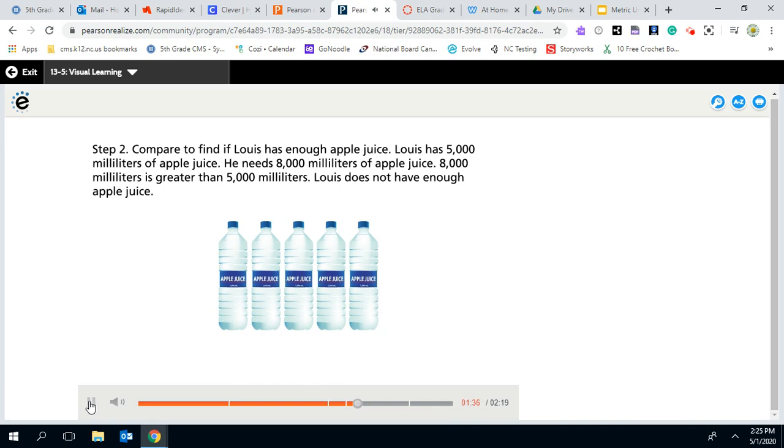Step 2. Compare to find if Louis has enough apple juice. Louis has 5,000 milliliters of apple juice. He needs 8,000 milliliters of apple juice. 8,000 milliliters is greater than 5,000 milliliters. Louis does not have enough apple juice.